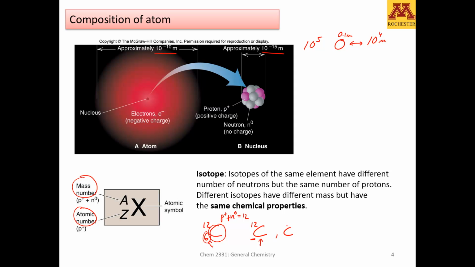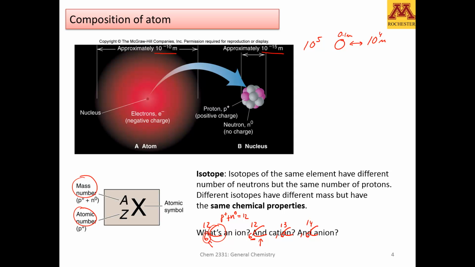Isotopes are atoms of the same element that may have a different number of neutrons, but they have the same number of protons. And from the chemical perspective, they will be identical, only some are more massive, others lighter, but they will behave chemically almost the same way.